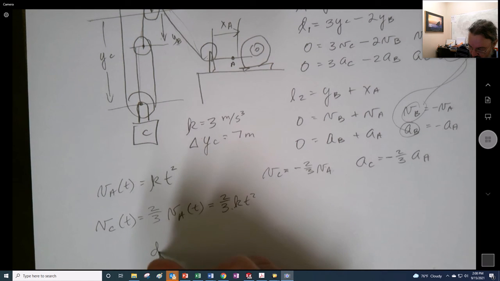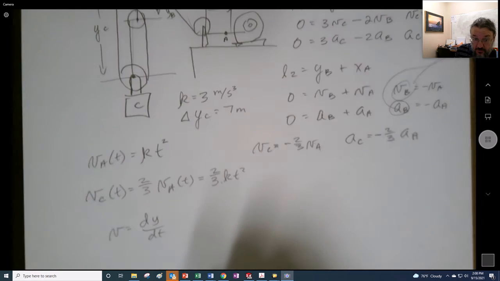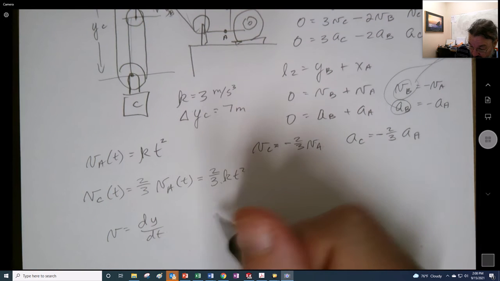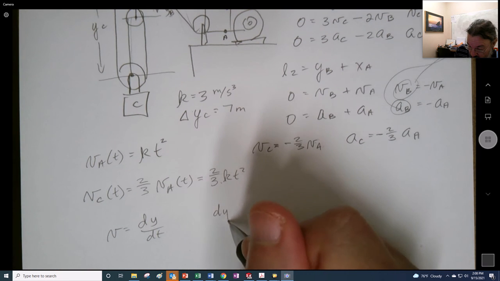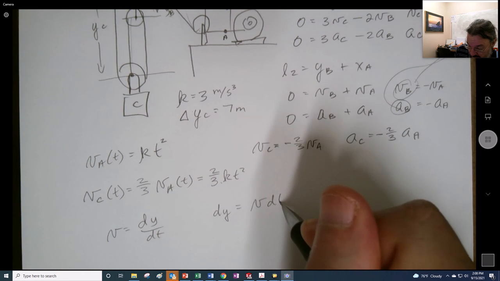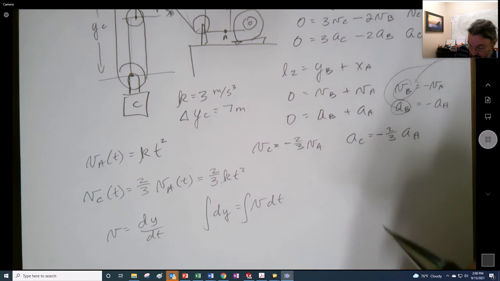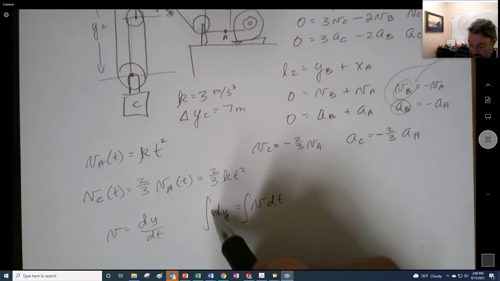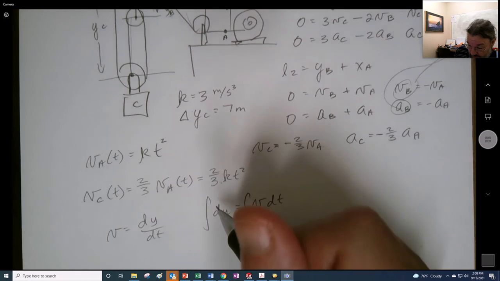Well, we use that velocity is equal to dy/dt, because we're dealing with the vertical motion there. So we can say dy is equal to v times dt. We can integrate both of those, and that's going to get me the delta y that I'm looking for.